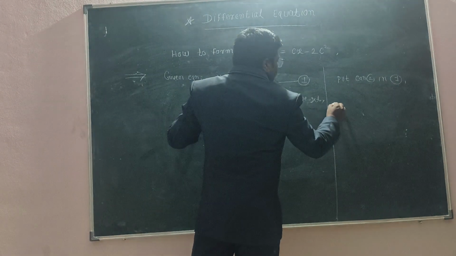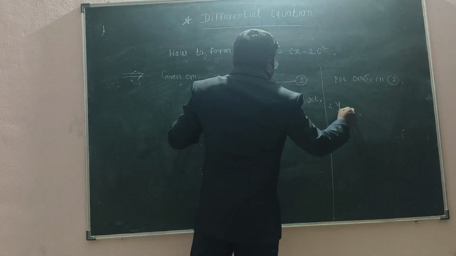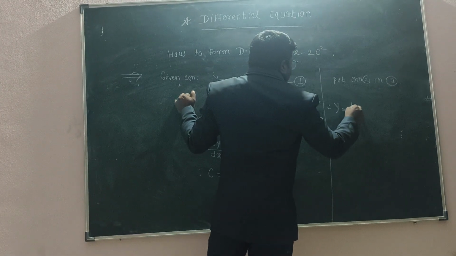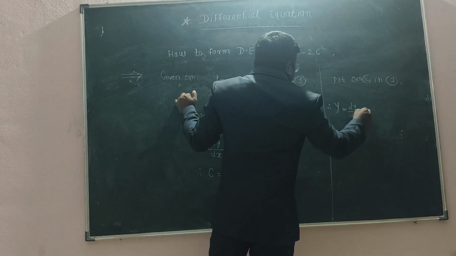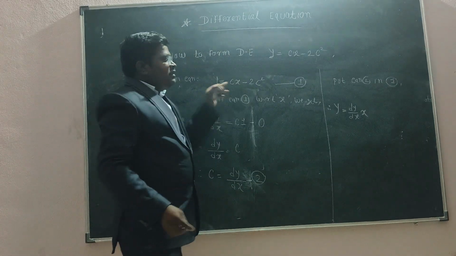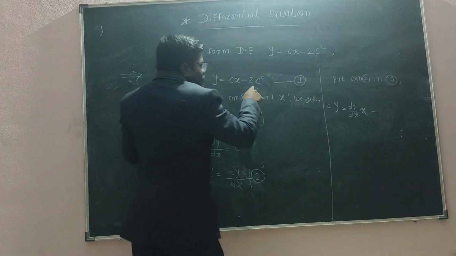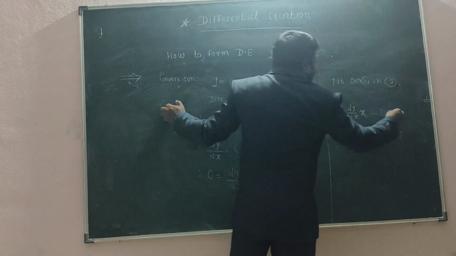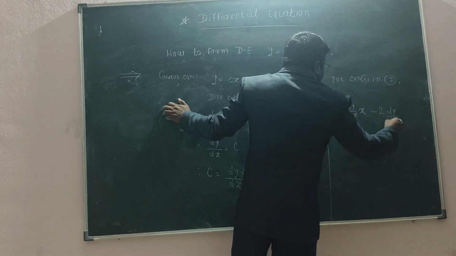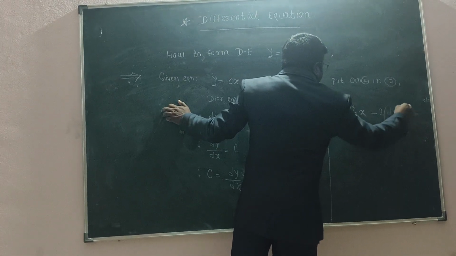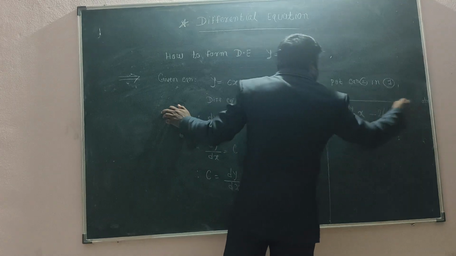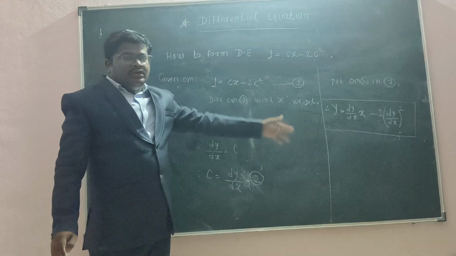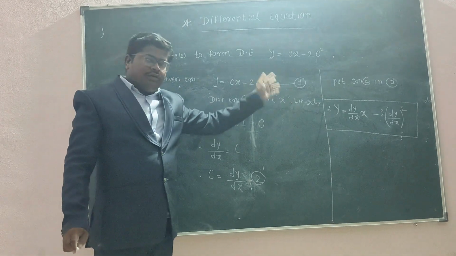So y is equal to, the value of c is dy by dx, times x, minus 2 times the value of c from equation 2, so dy by dx whole square. This is the formation of a differential equation from a general equation.